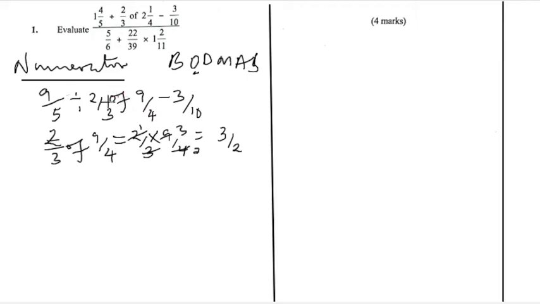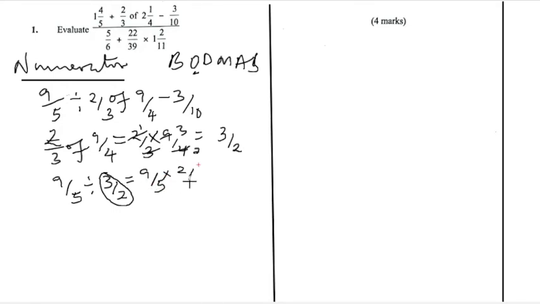Next in order is division. So 9 over 5, we are dividing by the answer we have here of 3 over 2. It's not always easy to divide fractions, so we change that division sign to multiplication. But since we have done that, then we need to reciprocate the second fraction. So instead of 3 over 2, now it becomes 2 over 3.